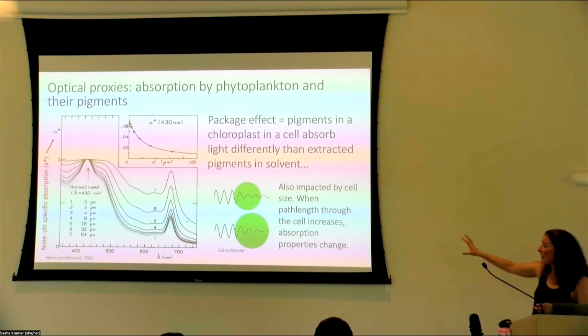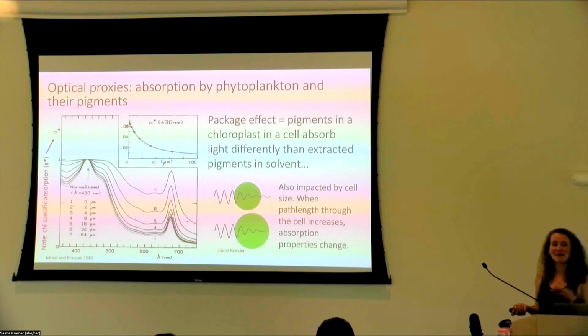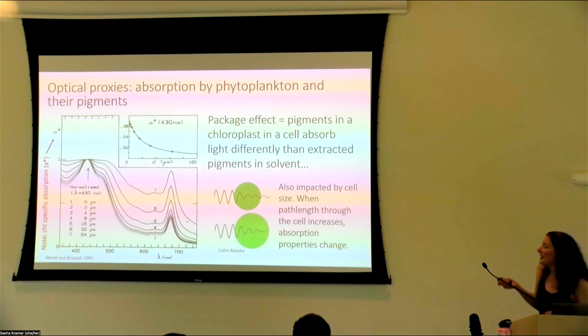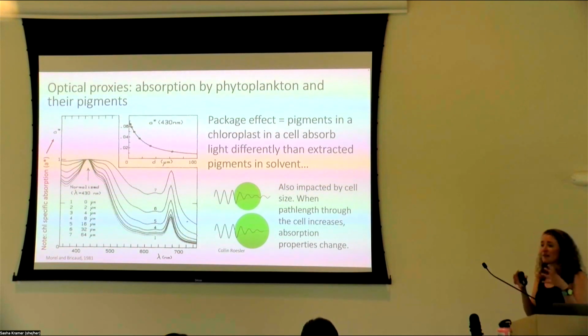So this diagram that Colin put together, I think illustrates it really nicely, that when you have a larger cell with more pigment in that cell, the path length through the cell is really going to change compared to a different sized cell or a cell with less pigment. So you have this effect, and this is, I will, for Ivana's sake, say a very young paper that shows this example of at different cell sizes, your normalized chlorophyll absorption shape is really going to change because the way that the pigment is structured in that cell and the way that you can measure the absorptions in that cell is going to differ.